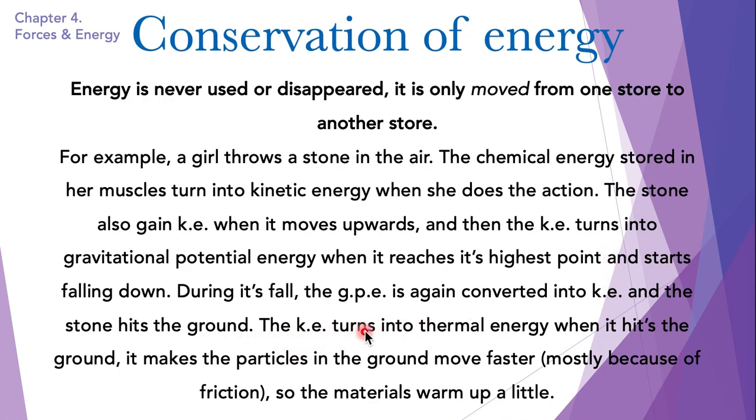The kinetic energy turns into thermal energy when it hits the ground, because friction makes the particles in the ground move faster. So the materials, both the stone and the ground, warm up a little.